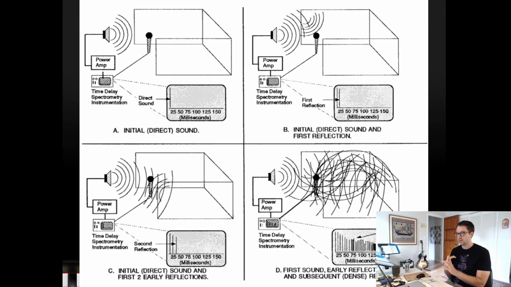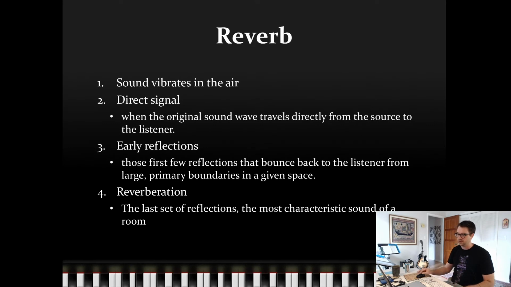You have early reflections where it's reflected a couple of times off the sound. And then you have reverberation or late reflections where sound has reflected everywhere else it's going to and finally arrived at where you're listening to it. So sound vibrating in the air, direct signal going from one place to the other, early reflections, and reverberation being the 4 stages of reverb.